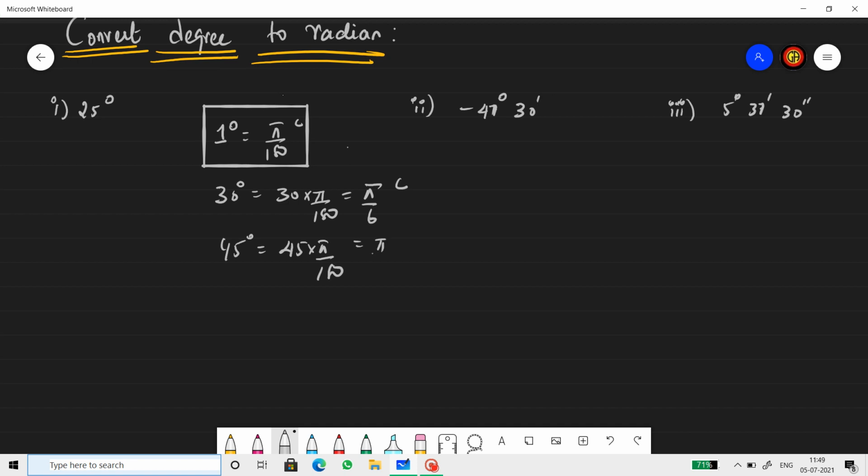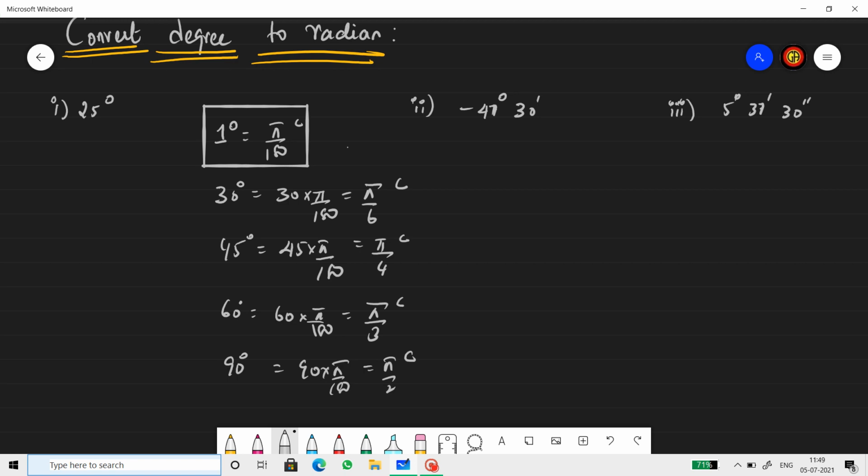So that means pi by 4 radian. 60 degree will be 60 into pi by 180. That's pi by 3 radian. And 90 is equal to 90 into pi by 180. So that's pi by 2 radian. So these are angles that we learned last year in terms of degree. It was in degree. Now we have converted them to radian form.